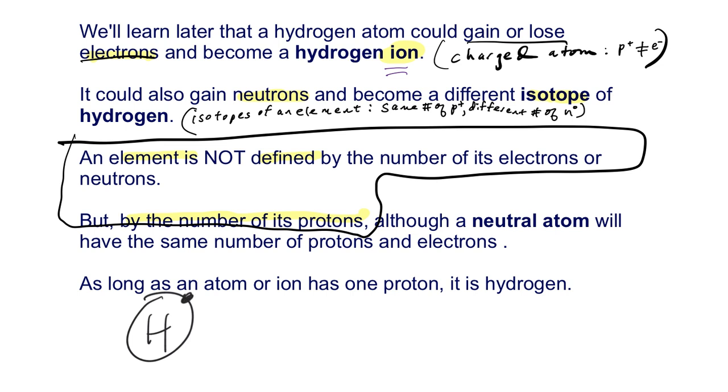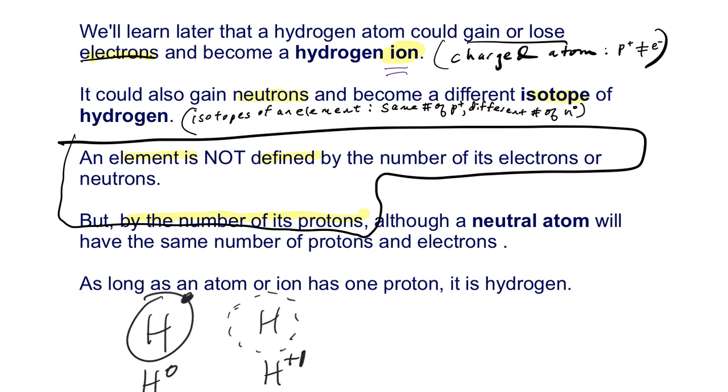We could have hydrogen with no electrons. So we could have hydrogen missing an electron. You really can't put 2 electrons on it. So this would be hydrogen neutral. This would be hydrogen missing 1 electron. So it's +1. It is missing a negative, so it's 1 positive.